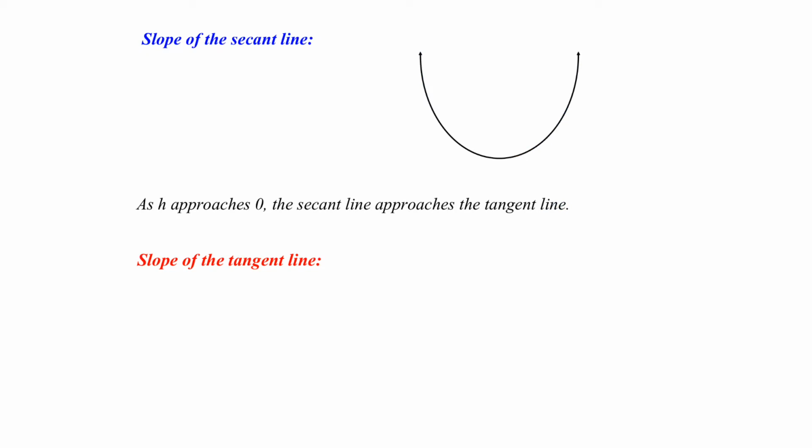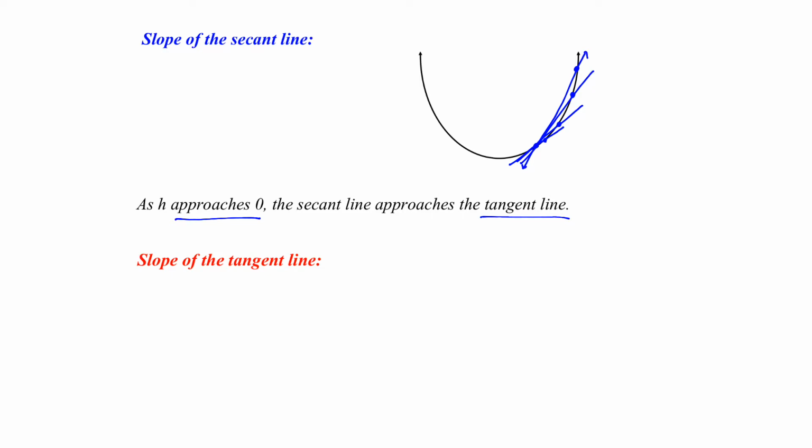And then what we had decided was, if we take the secant line and we keep changing the h value to be smaller and smaller and keep making this difference smaller and smaller, then what happens? We're getting closer and closer to the actual tangent line. So as h approaches 0, the secant line approaches the tangent line.